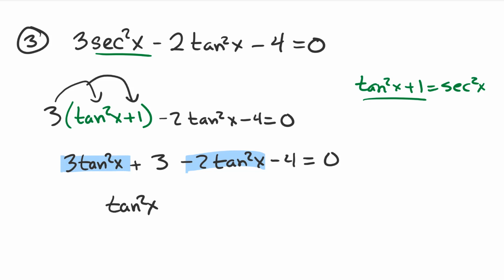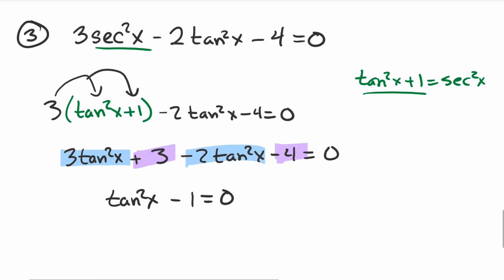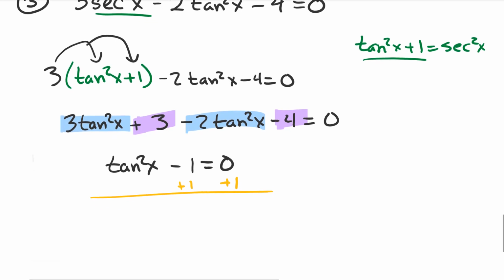Now here you also got your positive 3 and your negative 4. That must be a minus 1. And we set that thing equal to 0. You could use the difference of squares here and set up your zero product principle really simply by writing tangent of x minus 1 times tangent of x plus 1. But I'm assuming most students will not do this. So if you want to bring this thing over, you better remember to hit it with a square root. When you hit it with a square root, you use your plus or minus.